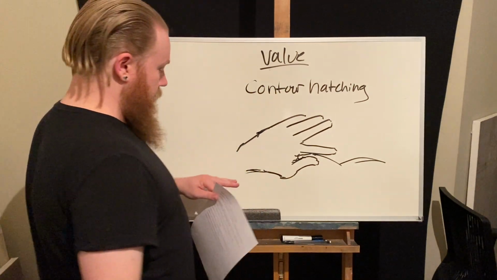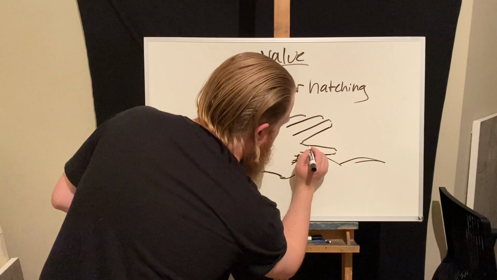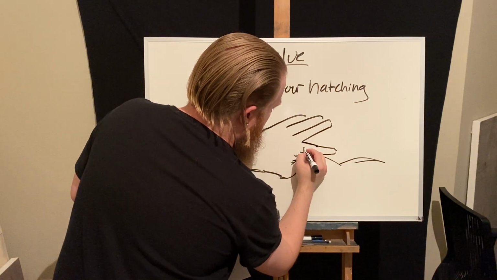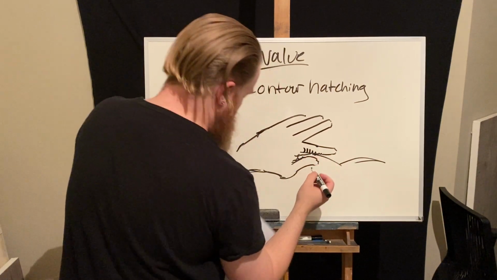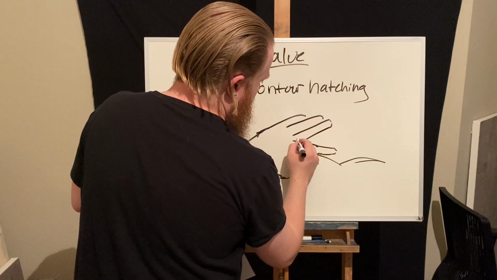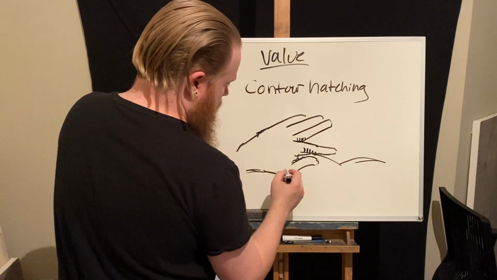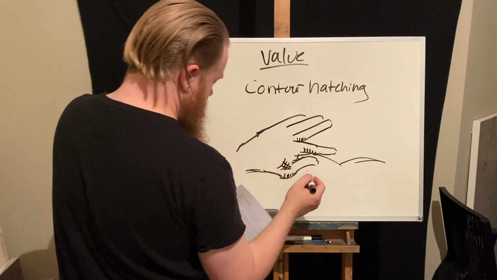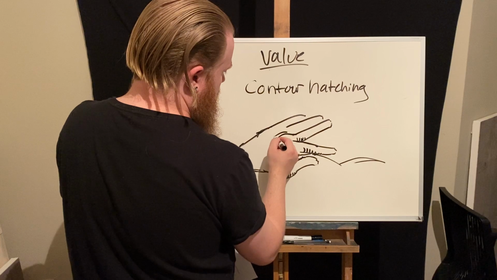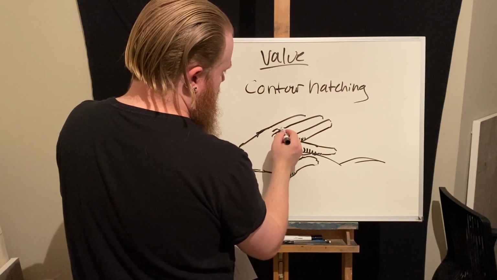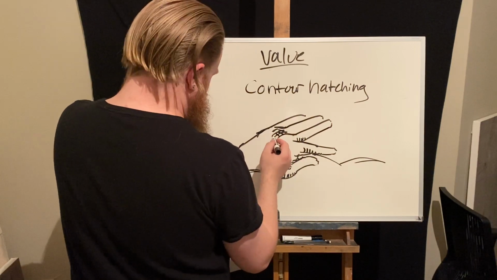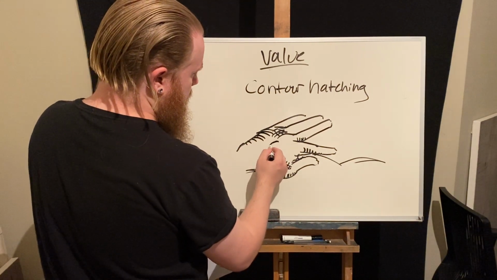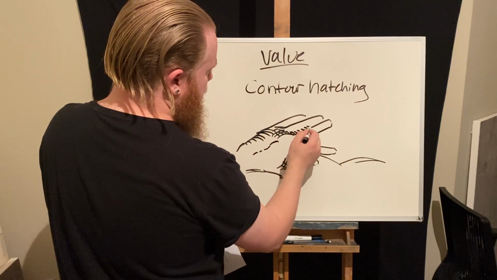But let's say I've got my hand there. Well, I know that my hand is curving somewhat, so I can use the contour hatching to follow the curves of my hand as they come and create more illusionistic depth here and there.